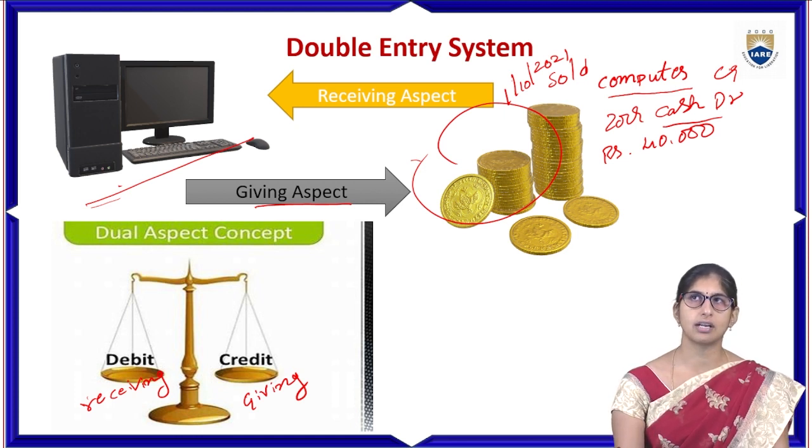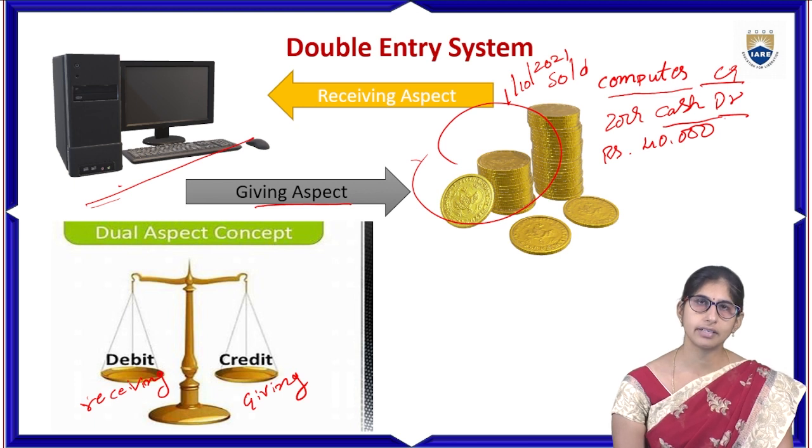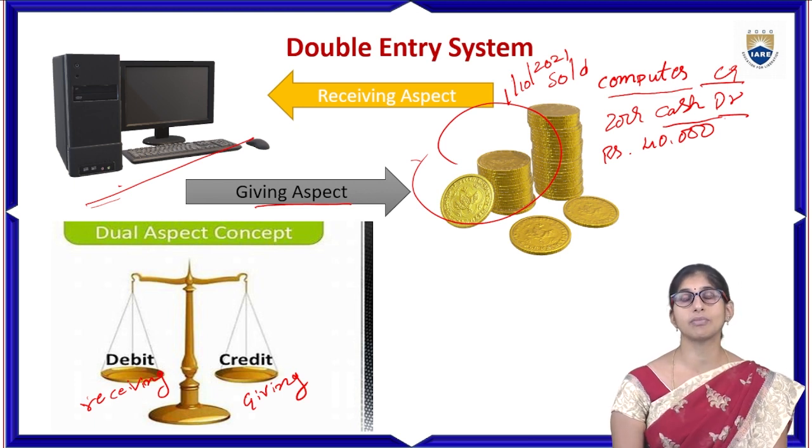All these we have to identify, and based on that, we have to identify what is debit and what is credit. So in the double entry system, we have to remember that we are going to maintain two aspects, that is, one debit and the other one credit. We will have a twofold effect, that is debit and credit.